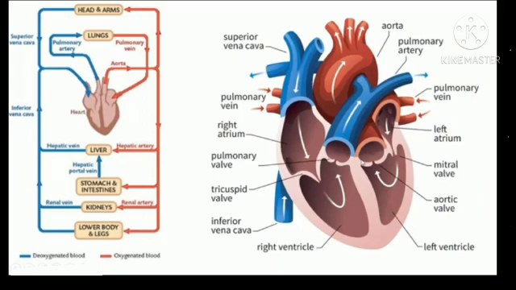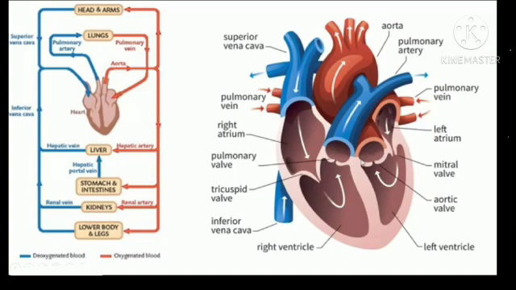Let us see how the blood is circulated inside the heart. First, from the lungs, the pulmonary vein receives the oxygenated blood and it enters into the left atrium. From the left atrium, it passes through the mitral valve. Another name of the mitral valve is the bicuspid valve. From that, it enters the left ventricle.